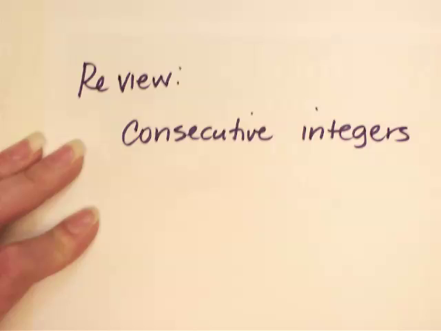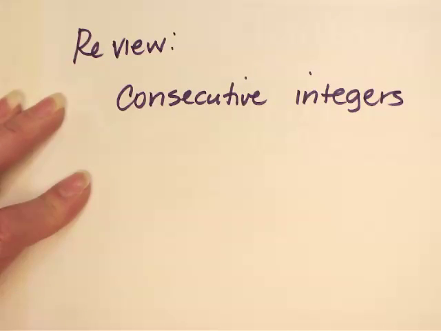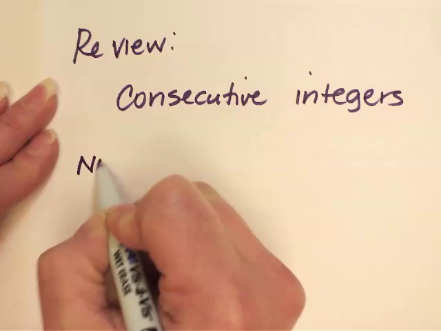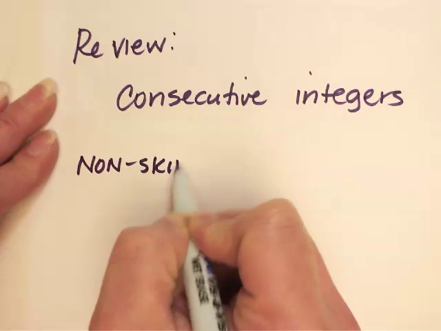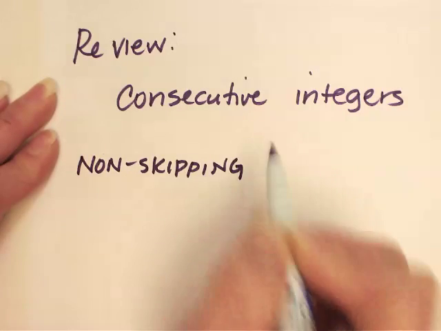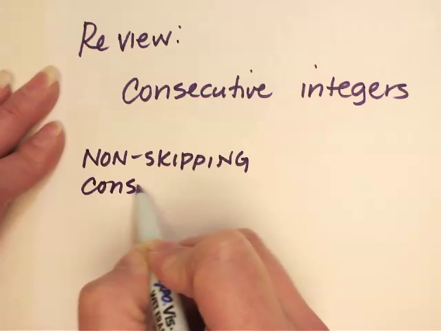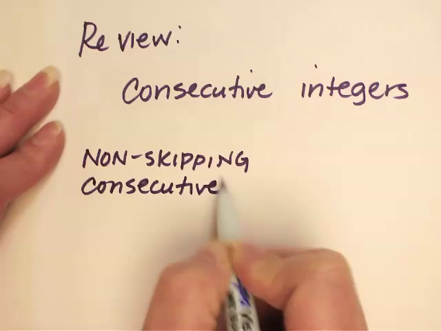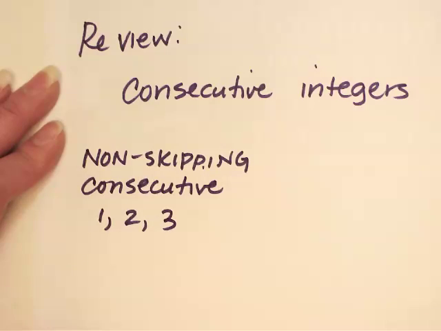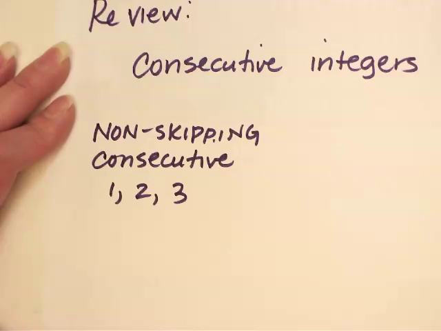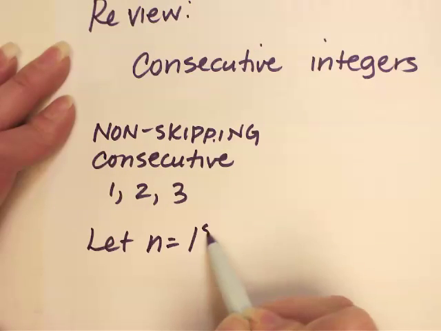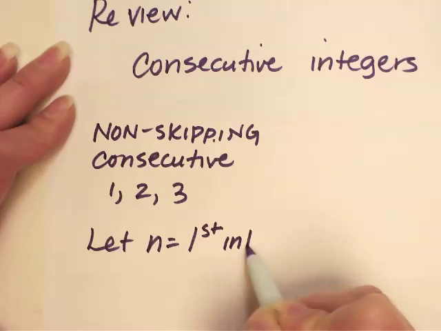There were 2 cases back when we did this in Chapter 2. First case was what we called the non-skipping type. Non-skipping was when we had just straight consecutive numbers, for example 1, 2, 3. So what did we do back then? We said let n equal our first integer.